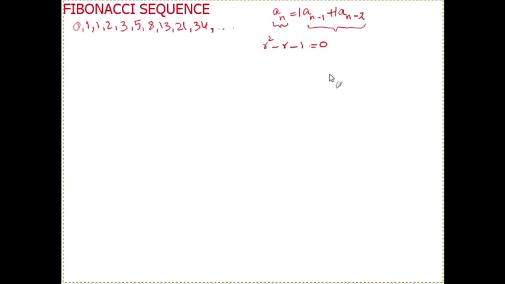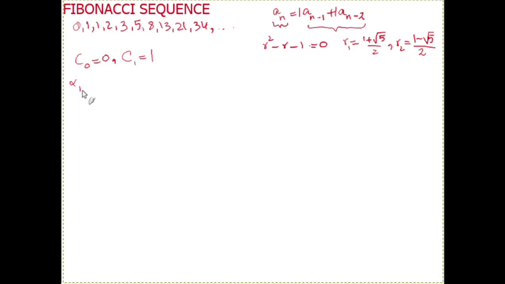If you use the quadratic formula and find the roots of this equation, you will get r1 equal to 1 plus root 5 over 2, and r2 equal to 1 minus root 5 over 2. So let's recap. What are our initial conditions? C0 is 0 and C1 is 1.